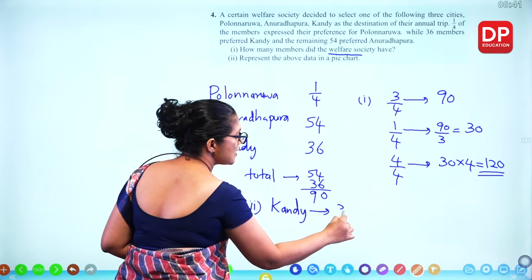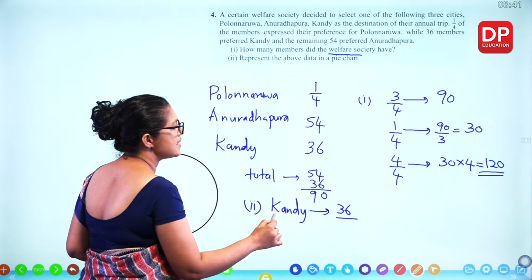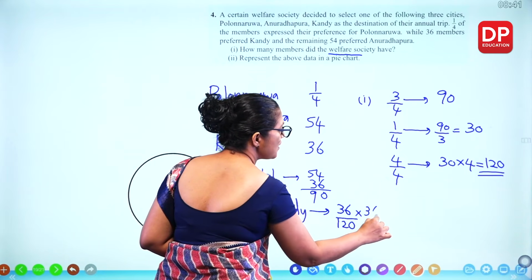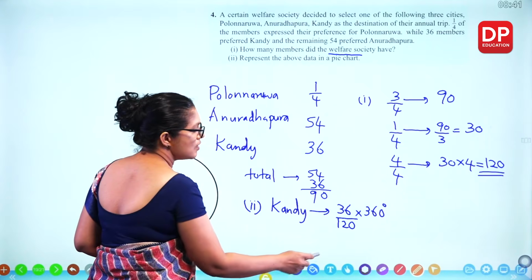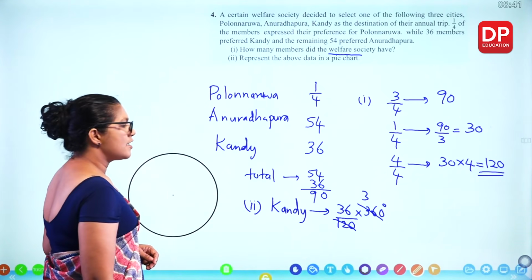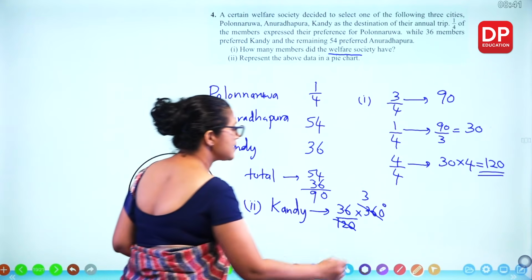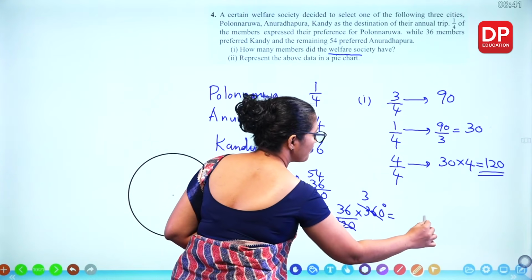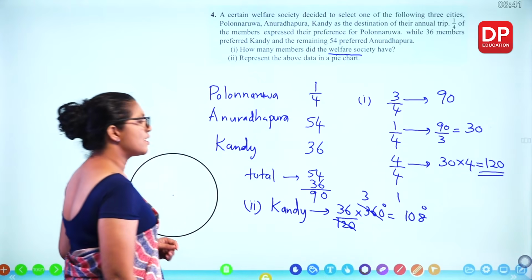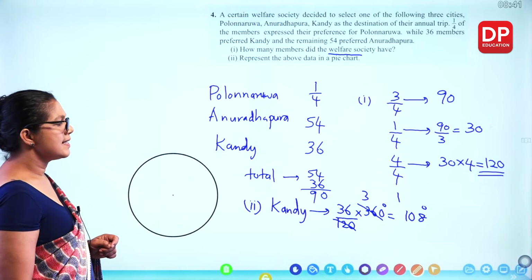We know 36 members prefer Kandy out of 120, and multiply by 360, you get the angle. So here 3 times 120, you get 360. 36 times 3, 108 degrees. So here now you can mark easily.